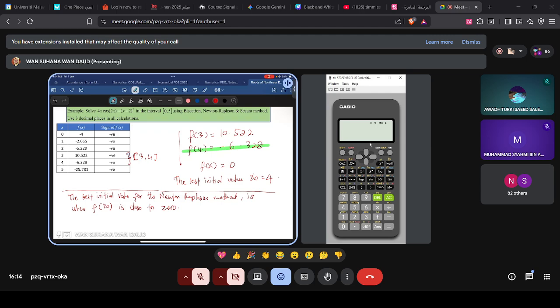Let's say you have f3, you get 10, f4 you get negative 6. So what is the best initial value? It's supposed to be 4, because negative 6 is closer to 0 compared to 10. Clear? Understand?